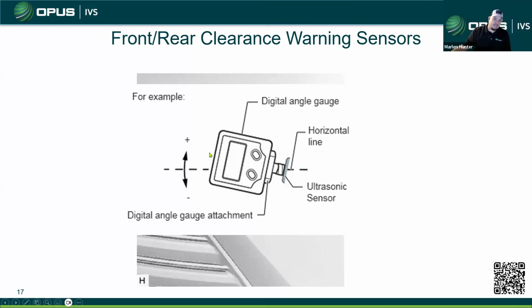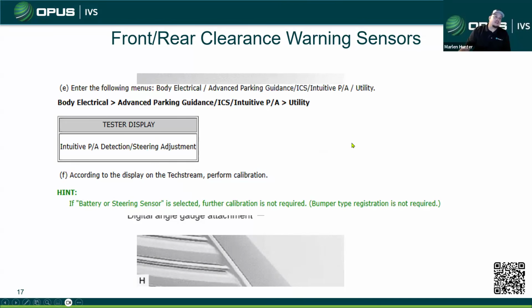Here's another example, just at a different angle, with the angle gauge attachment on the ultrasonic sensor. And where you would go to do the adjustment. Some of the names have changed depending on the year, but it's usually going to be either under clearance warning, advanced park assist, intuitive park assist, or ICS.